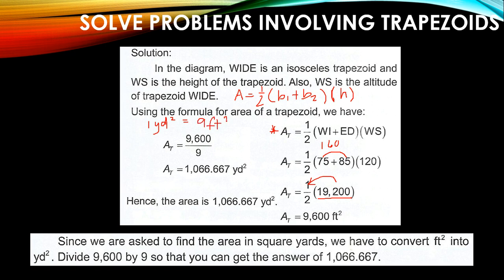Then, to change 9,600 square feet to square yards, we divide 9,600 by 9 to make it square yards.